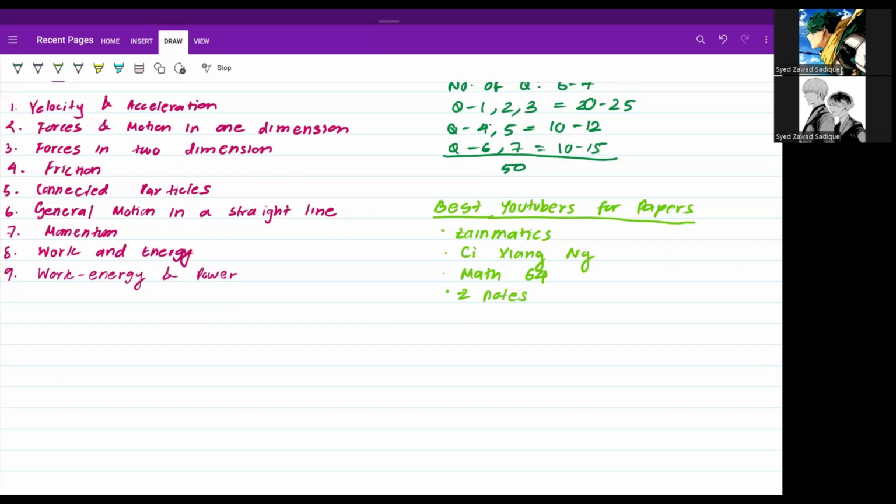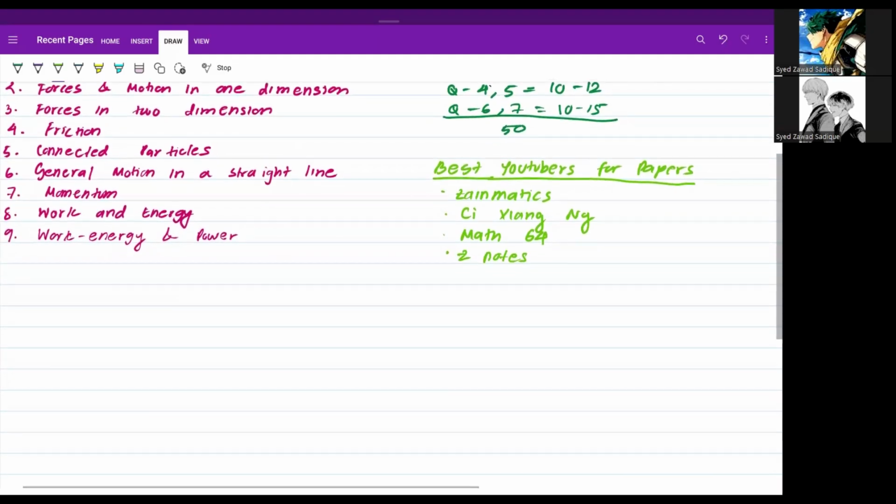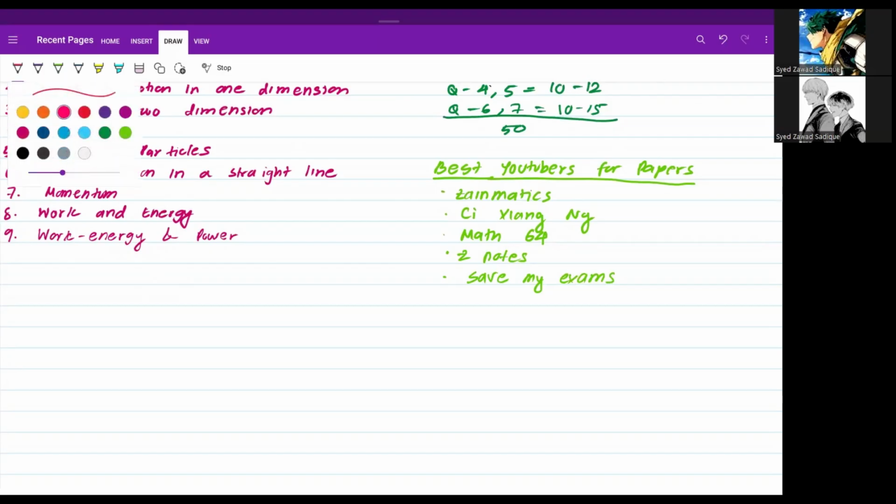Maybe I'm missing a few more, but those are the ones I used during my exam days. And of course, Save My Exams. These ones are the best in my opinion.